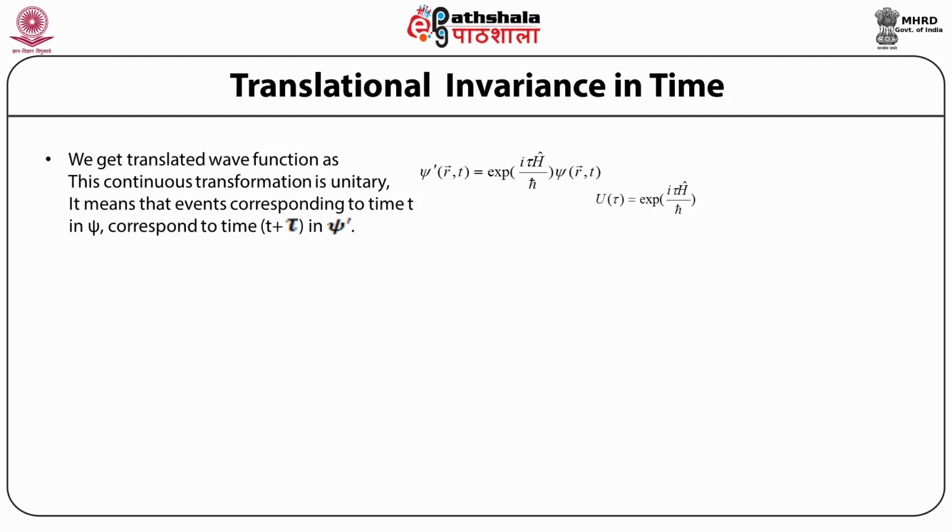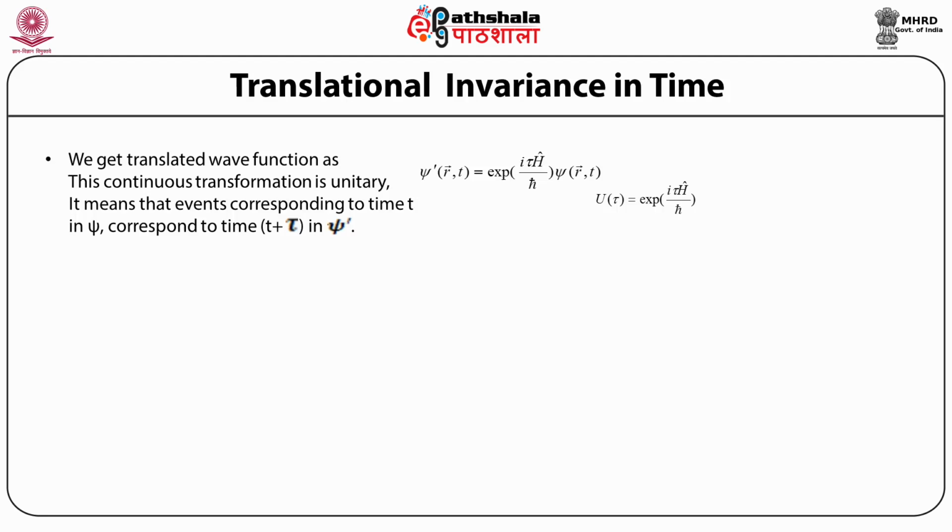This continuous transformation is unitary. That means we can define a unitary transformation operator as U tau is equal to exponential to the power iota times tau times Hamiltonian operator h upon h cross. It means that the events corresponding to time t in the wave function psi correspond to the time t plus tau in the wave function psi prime.